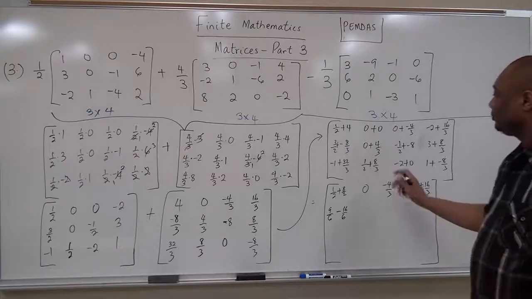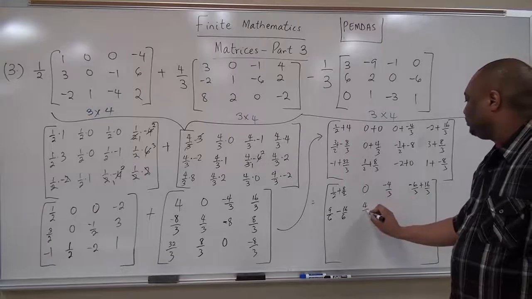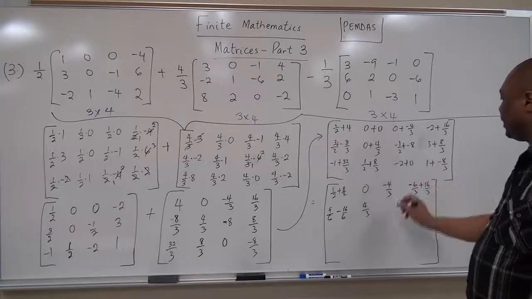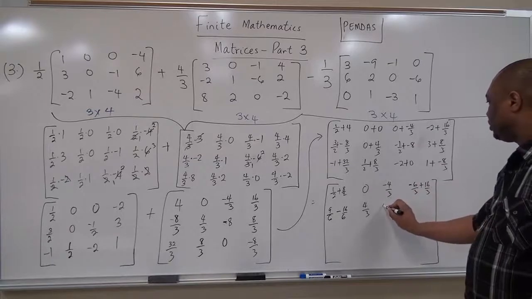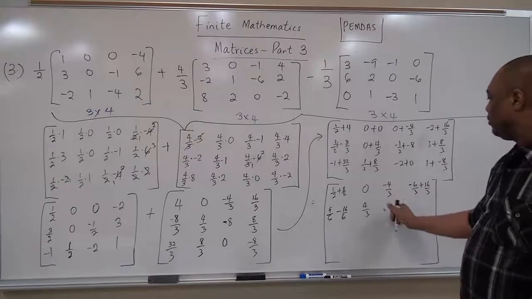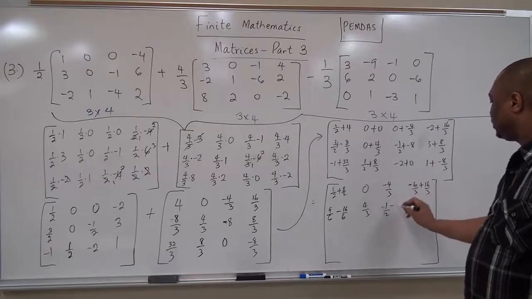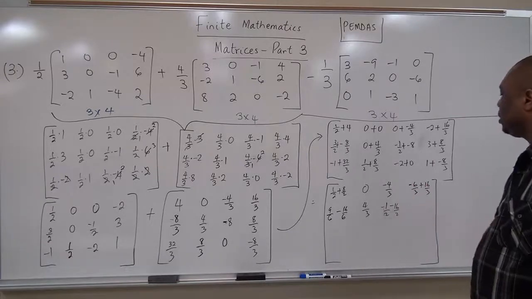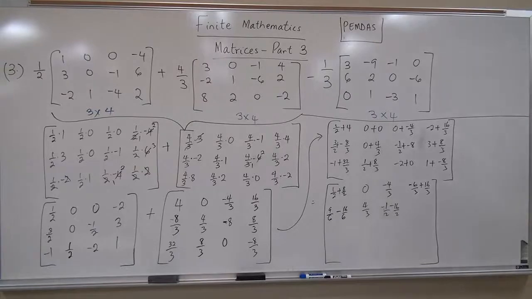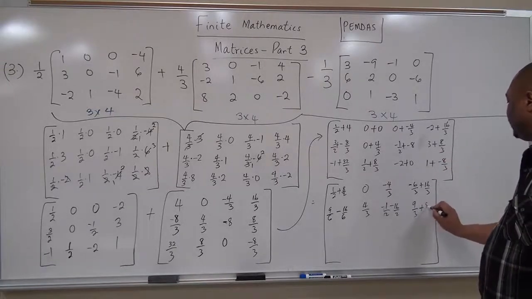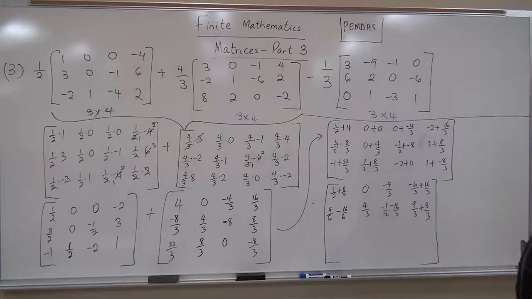Then this is 4 over 3. Then this is 1 over 2 plus minus is minus. So this is minus 1 over 2 minus 16 over 2. Right? Then this is 9 over 3 plus 8 over 3. Right?